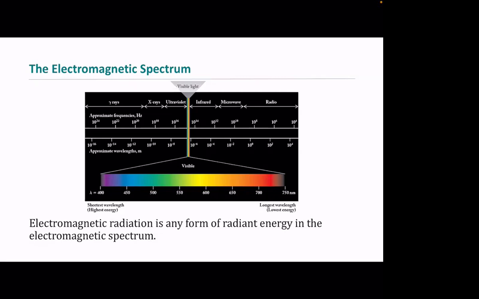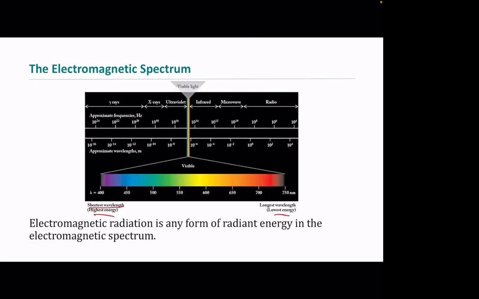So on this particular spectrum here, you see down here is the shortest wavelength and therefore the highest energy. So you see things like X-rays and ultraviolet, that stuff is dangerous, right? High energy. You've got to protect yourself from that. At the other end, stuff that's not nearly as energetic, low energy, you've got radio waves and microwaves.